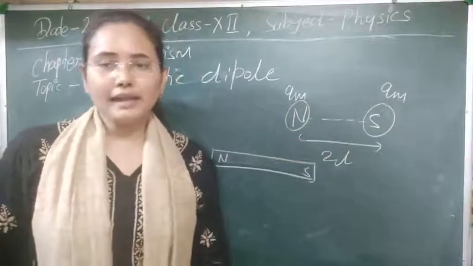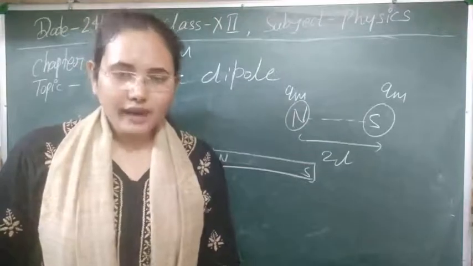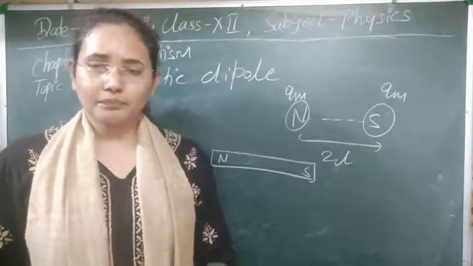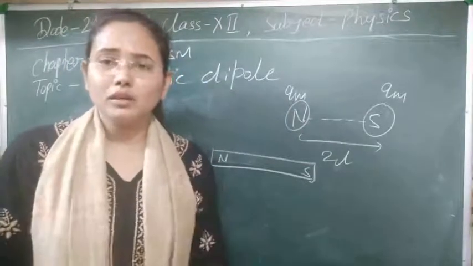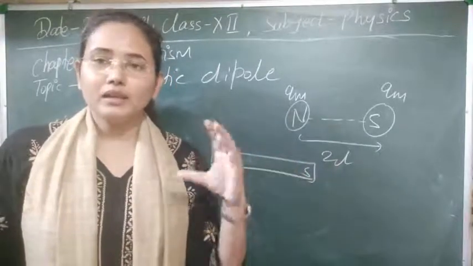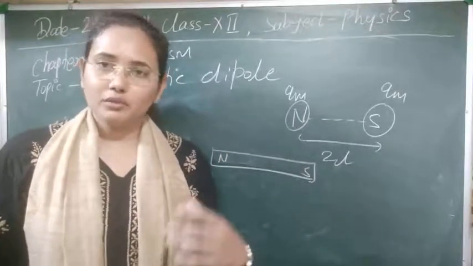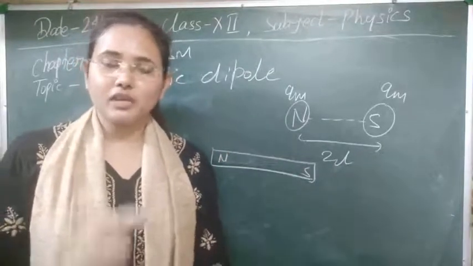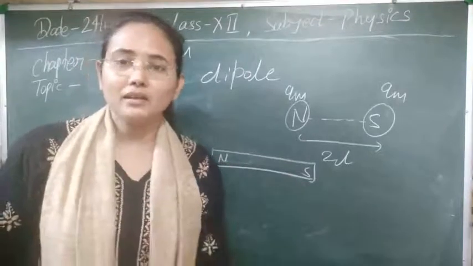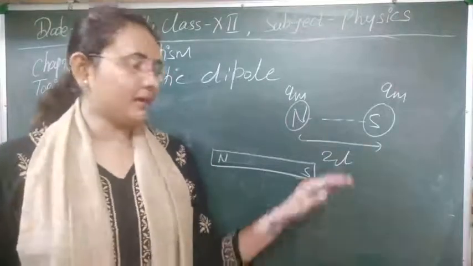Third example: the atom. In atoms, the nucleus and electron charges are moving, and due to the moving charges, two different magnetic fields are produced, due to the positive charge and due to the negative charge. So that will also behave like a magnetic dipole. So you have a number of examples of the magnetic dipole.